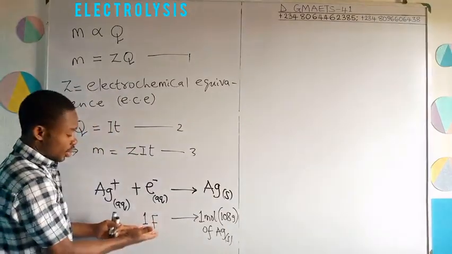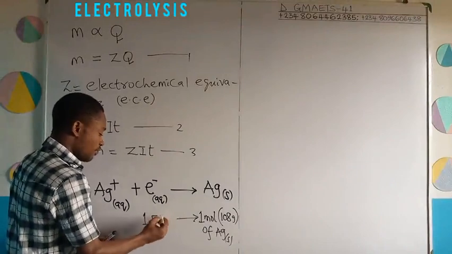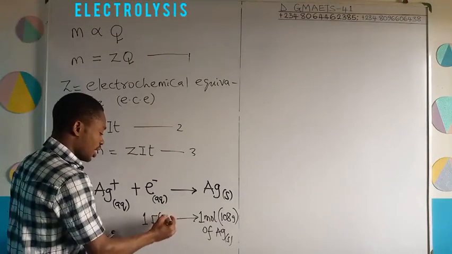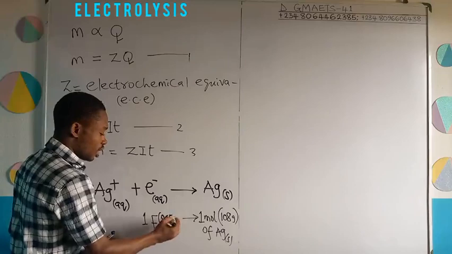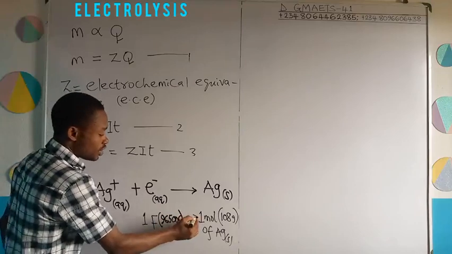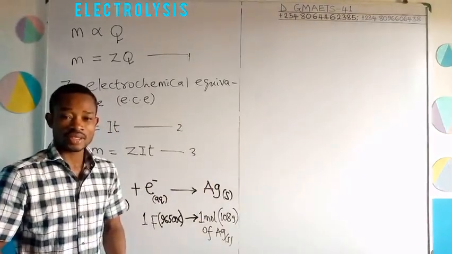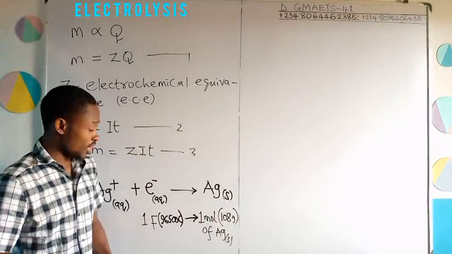So in brackets, I would write 1 Faraday is equivalent to 96,500 coulomb. That will discharge, that will deposit 1 mole of a univalent ion or a univalent metal.